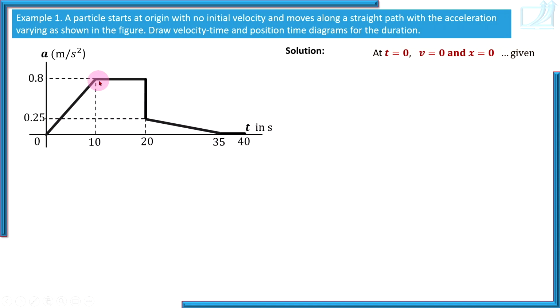So it is variable acceleration. From 10 to 20 seconds, acceleration is constant 0.8. So from t equal to 10 to t equal to 20, it is same particle but moves with uniform acceleration. Then at t equal to 20 seconds, acceleration instantly drops to 0.25 meters per second square. And after that, acceleration goes on reducing uniformly. So again it is variable acceleration motion.